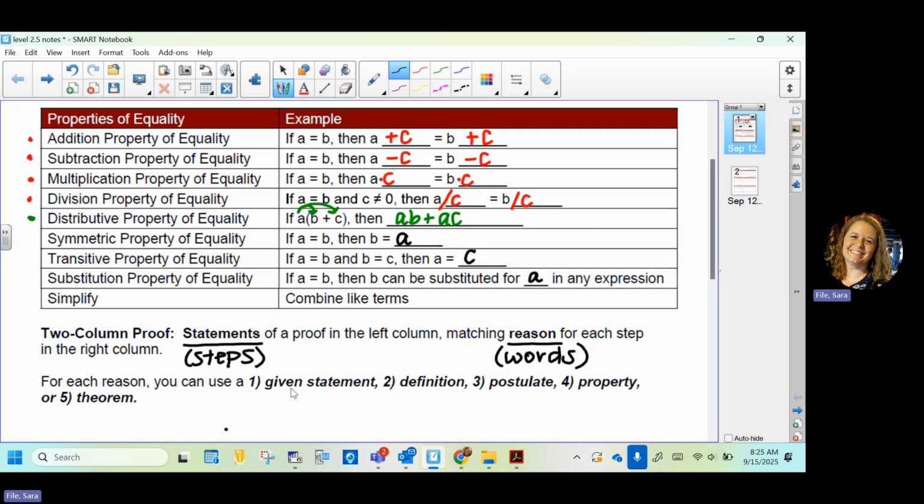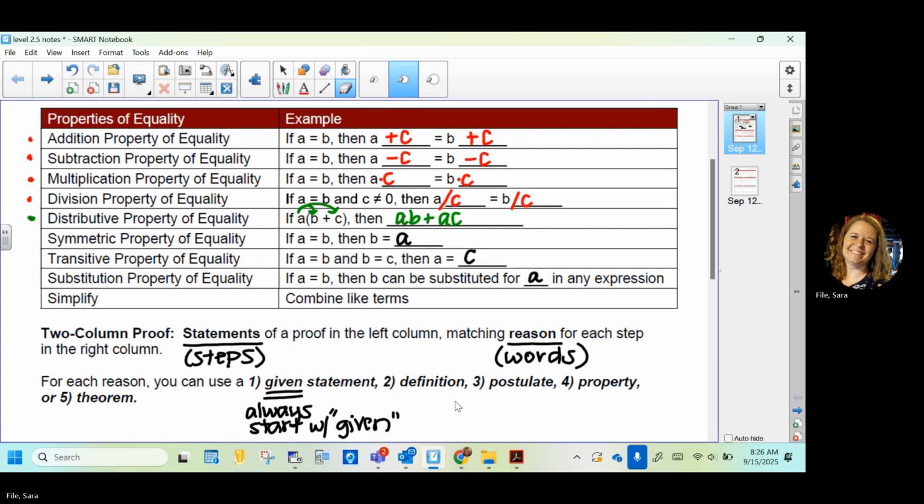Okay, you're always going to start with given. So the given information is always going to be the first thing in your reason column. Okay, you're going to start with your given information.